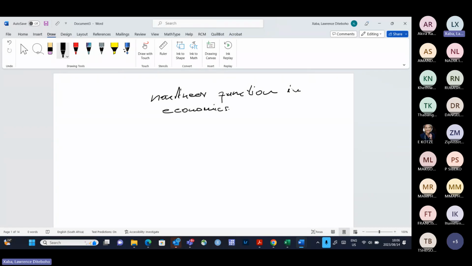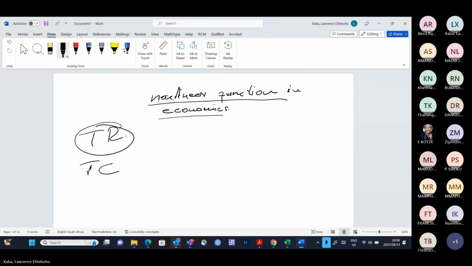In this nonlinear function under the economics perspective, we are now interested in two things. We're interested in computing our total revenue. We are interested in computing our total cost.